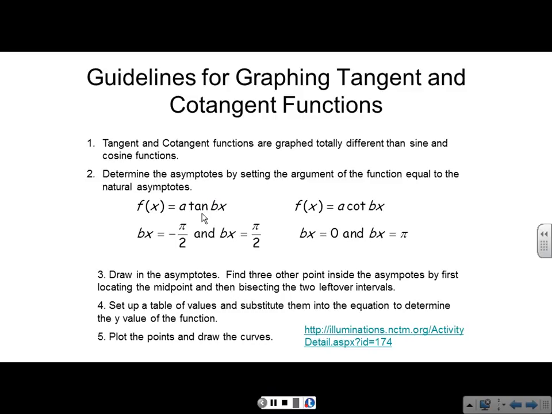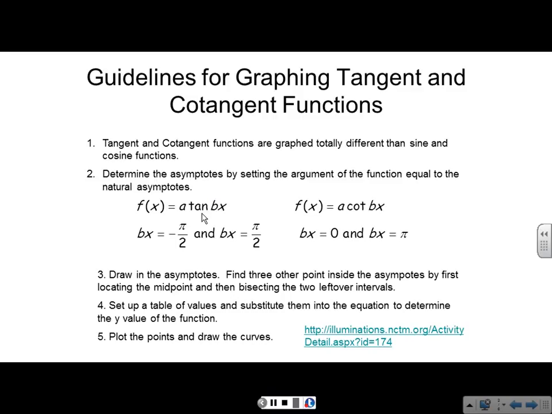So again, for tangent, the natural domain is going to be from negative pi over 2 to pi over 2, and for cotangent, the domain is going to be from 0 to pi. Now, that means that this is going to have a period of pi. Each one of these has a period of pi, whereas sine and cosine had a period of 2 pi.